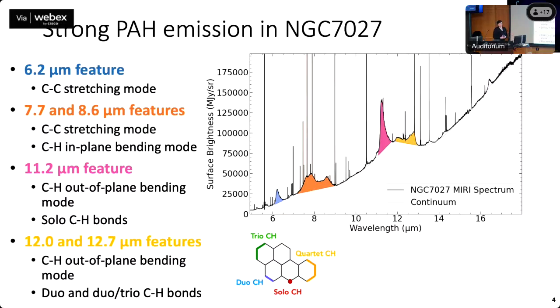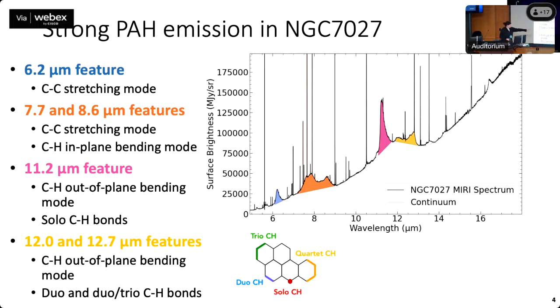Next, in pink, is the 11.2 feature. That's a CH out-of-plane bending mode and is attributed to solo CH bonds. It traces neutral PAH molecules. And finally, in yellow, we have the 12.0 and 12.7 micron features, which are also CH out-of-plane bending modes, but due to duo and trio CH bonds.